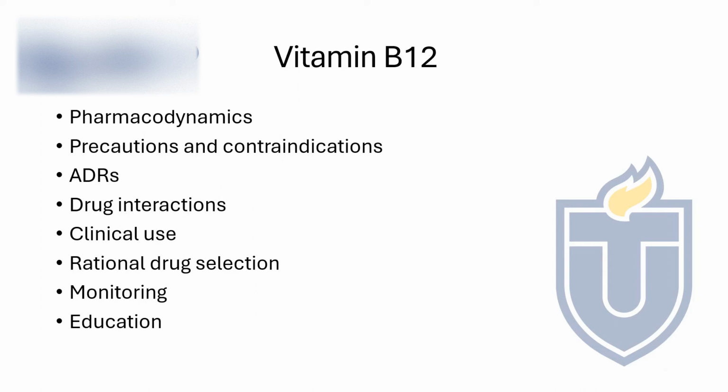Okay, let's see what else we've got here. I think we talked a lot about B12. All right, so interactions of vitamin B12 can be vitamin C, proton pump inhibitors, metformin, colchicine, aminosalicylic acid.